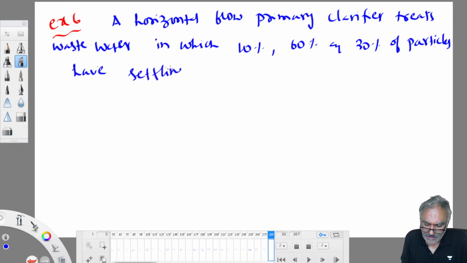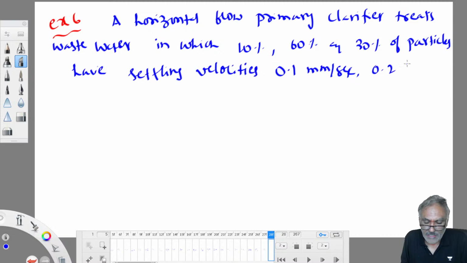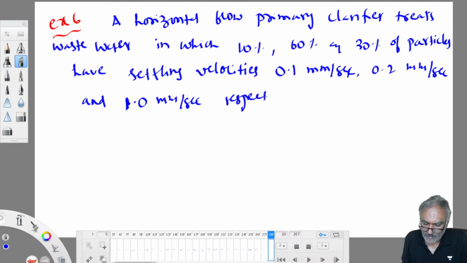settling velocities of 0.1 mm per second, 0.2 mm per second and 1 mm per second respectively. What would be the total percentage of particles removed?